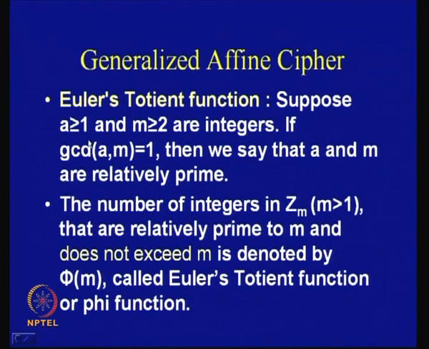Note that if a is equal to 1, then GCD of 1 comma m is also equal to 1, and we say that 1 is also co-prime to m.